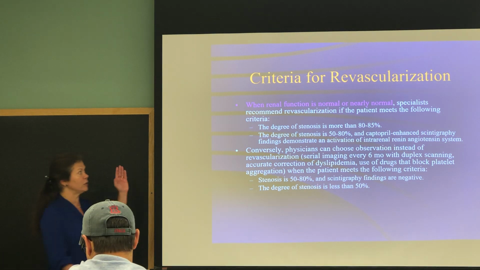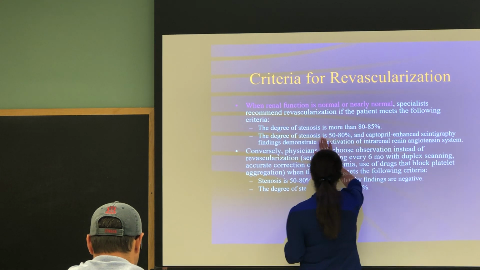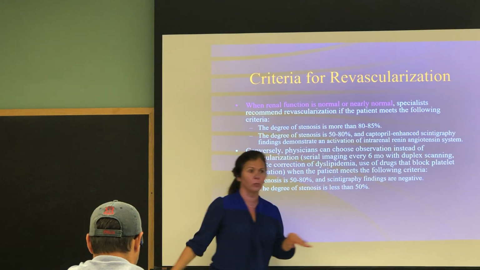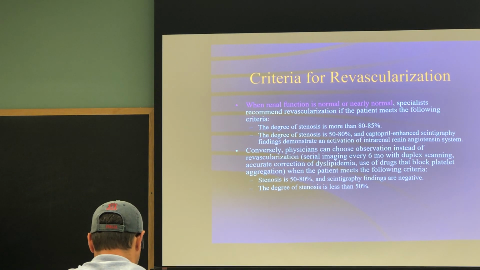So again, the degree of stenosis, even though some books say 80 to 85%, we're now intervening at a lower percentage, so more than 70%, exactly the same as carotid stenosis, okay?